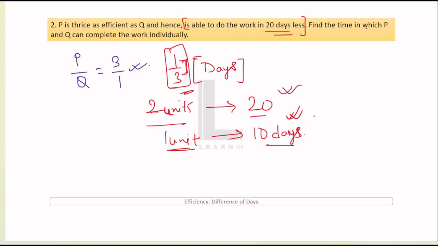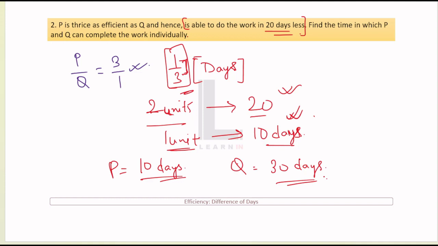So what can we do? Find the time at which P and Q can complete the work individually. So individual number of days taken by P is 1 unit, that is 10 days. P takes 10 days and Q takes 30 days to do the work.